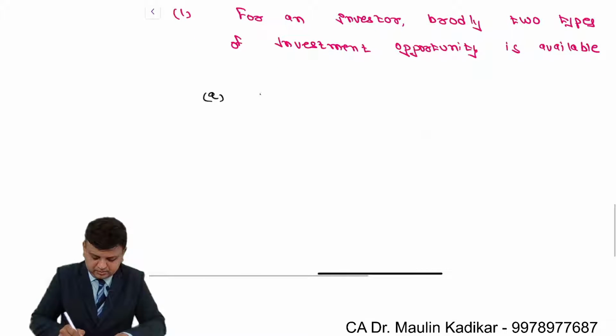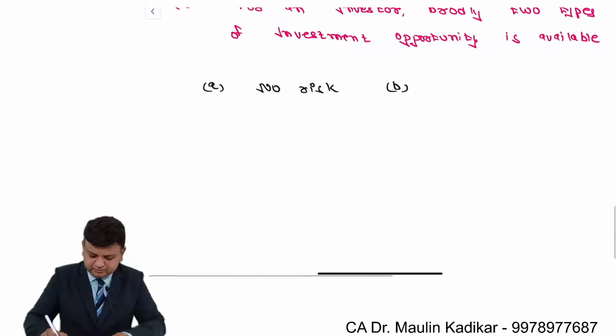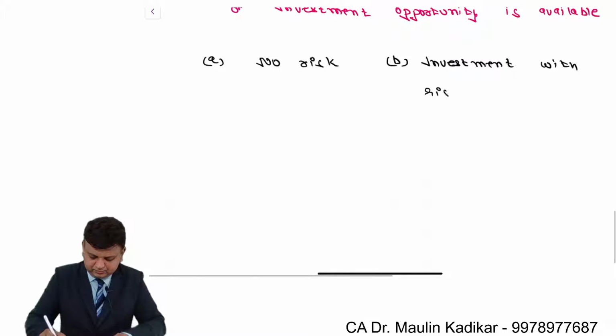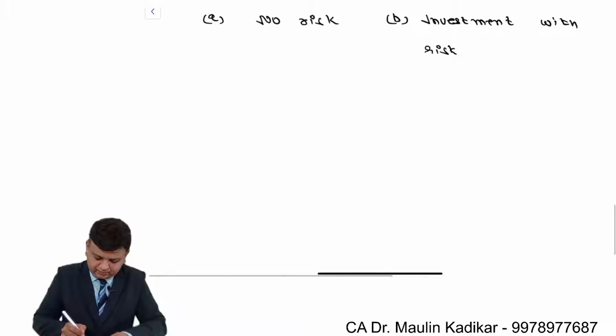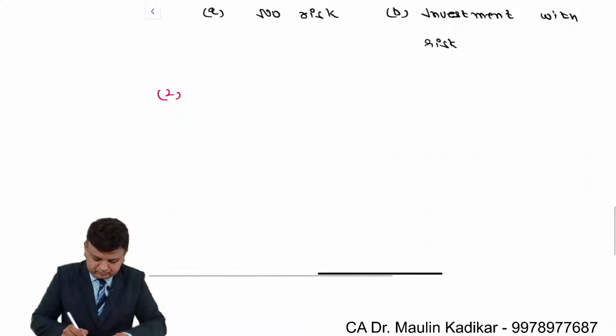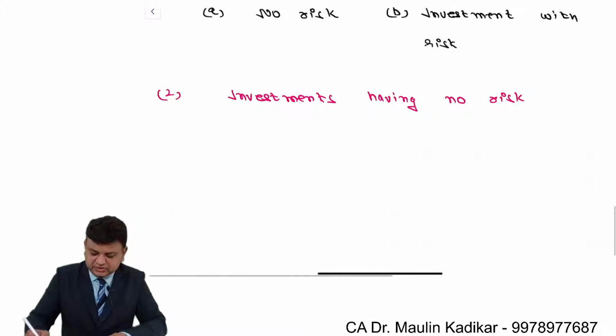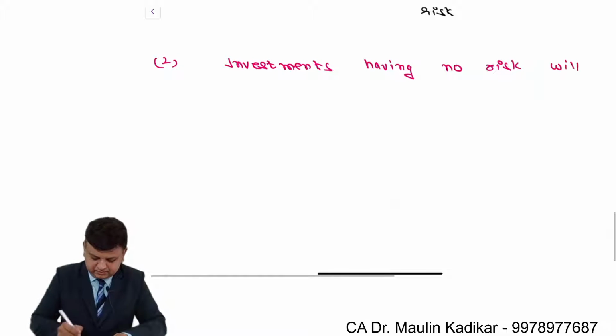A, no risk. B, investment with a risk. Second point, investments having no risk will have a marginal return.